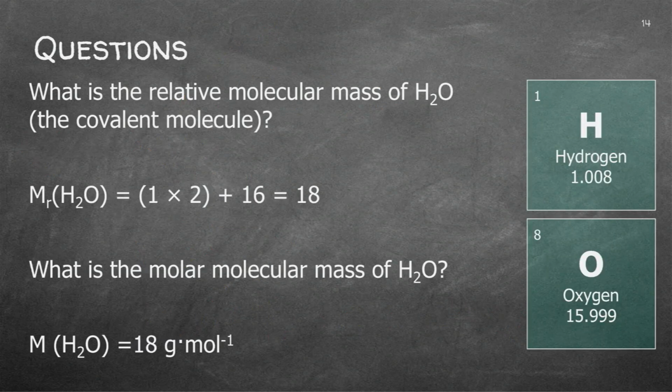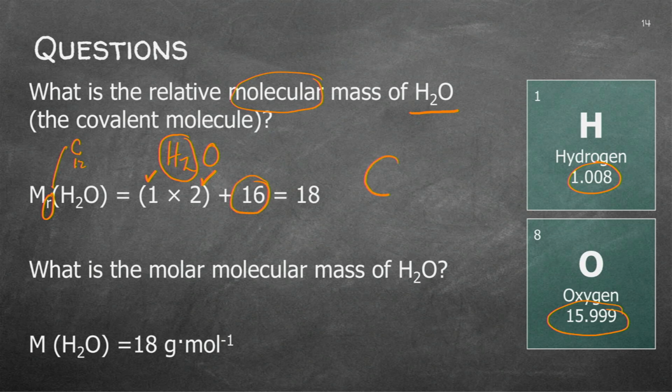Right, let's have a look at the next question. What is the relative molecular mass? Now we've got a molecule, not an atom, of H2O. H2O is water. Relative again, and that again signifies it's relative to carbon. So you can use your periodic table. You've got H2O. So I've got 2 H's. Can you see I'm multiplying 2 with 1 because I'm using that as 1. And I've got oxygen and I'm converting that 15.999 to 16.